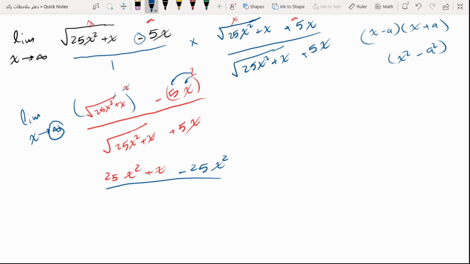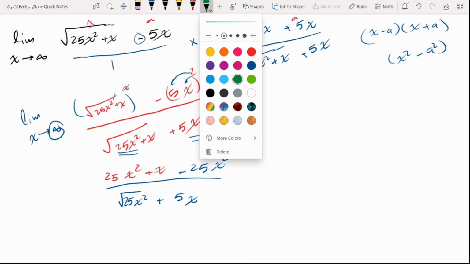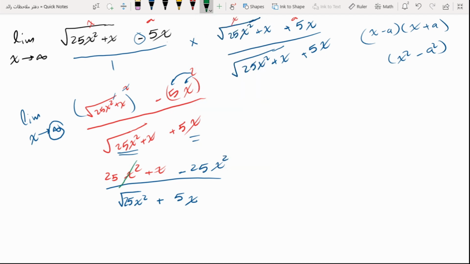Now, because we have a limit to infinity, I will take only the highest degree. So I will take the radical of 25x to the power of 2 plus 5x, by simplifying. 25x to the power of 2 minus 25x to the power of 2 will be 0.